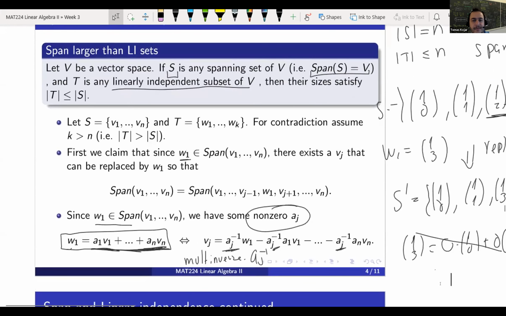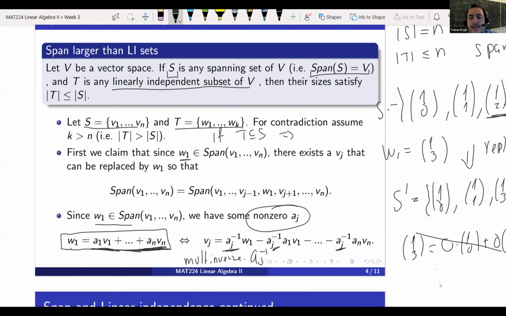All right, let's prove this. So again, you have S and T, and if T was a subset of S, we would be done, right? But that's not necessarily the case.